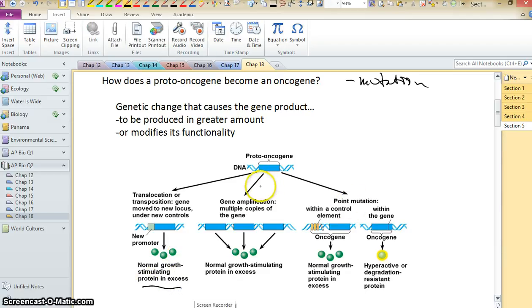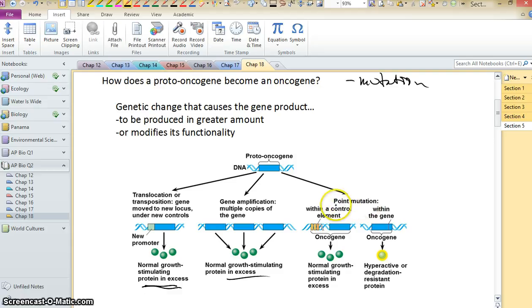If the gene within the same chromosome becomes amplified, it can overstimulate the cell cycle. So now you're producing too much gene product, too much of the protein. You can produce it at times when you're not meaning to, and you can produce too much. That's not necessarily a mutation in the gene itself, but it being in an inappropriate place through translocation, or being multiplied, or amplified, I should say.